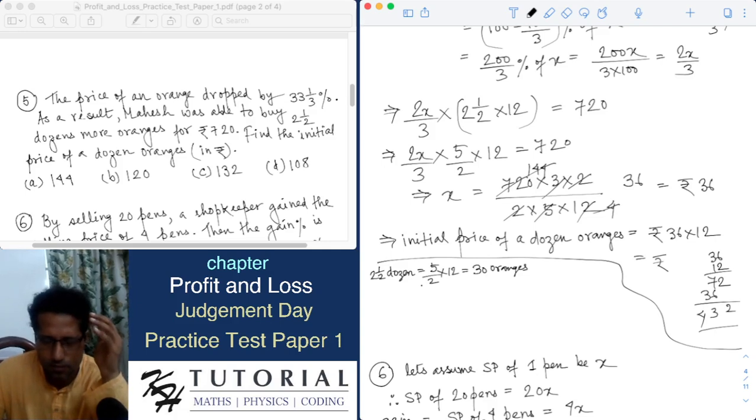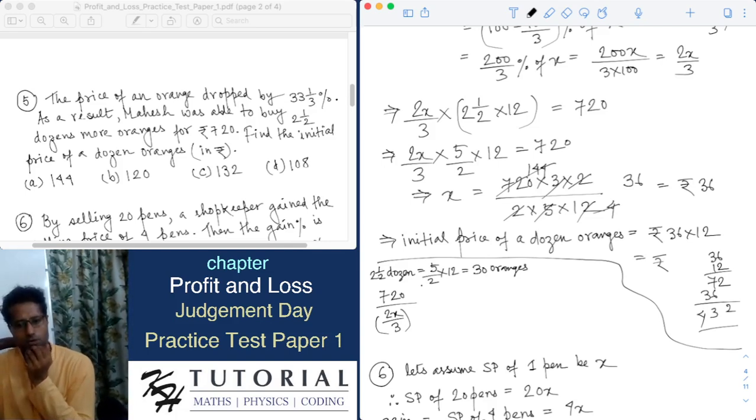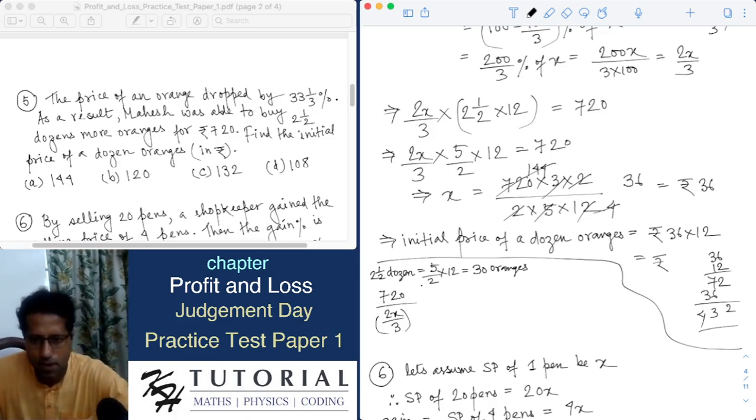If that is the case, then 720 divided by 2x by 3. 2x by 3 is the reduced price of the orange. Now for rupees 720, 720 divided by 2x by 3 will be the number of oranges Mahesh could buy for rupees 720 based on the reduced price.